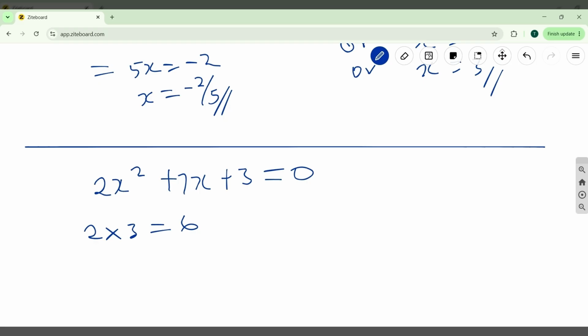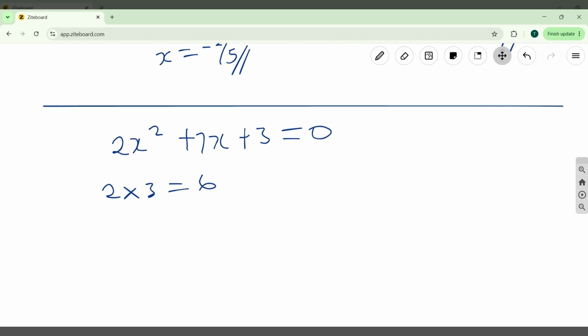Well, without further ado, let's do that. We already know that the numbers are going to be 6 and 1. This is very easy, because 6 multiplied by 1 is 6, and we also have that 6 plus 1 is 7.